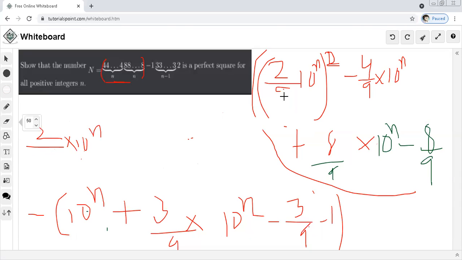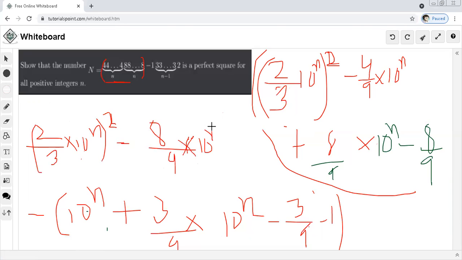So from this thing we get, let me write this first as it is, 2 by 3 times 10 to the power n, squared, and this would have been minus 8 by 9 times 10 to the power n, and this is minus 8 by 9.